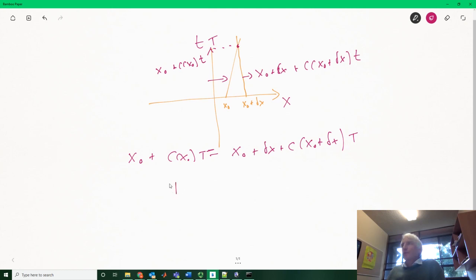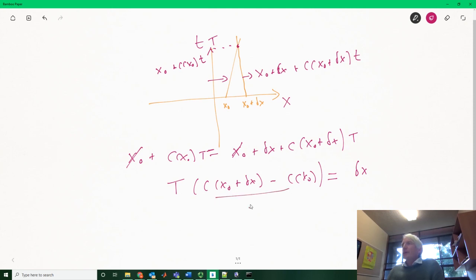So what do we get? The x0's cancel, and we get c of x0 plus delta x minus c of x0 times T must equal minus delta x.